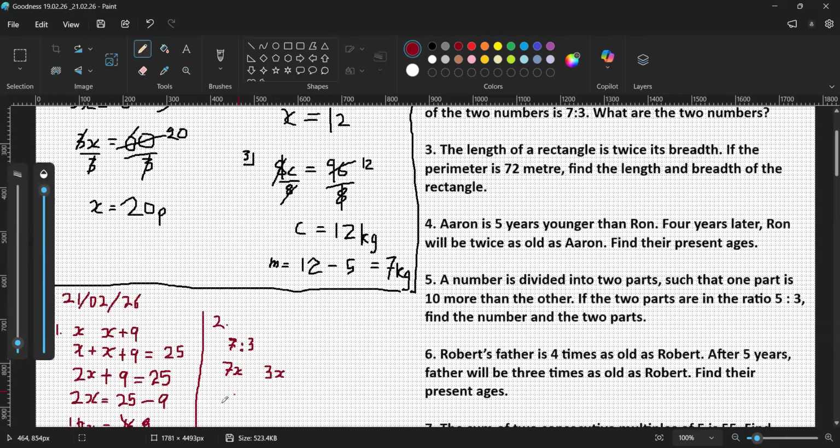Yeah. So let me go ahead with your interpretation. So you said 7x minus 3x. So what next? 7x minus 3x equals what?